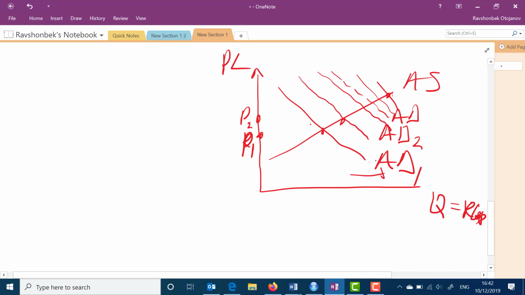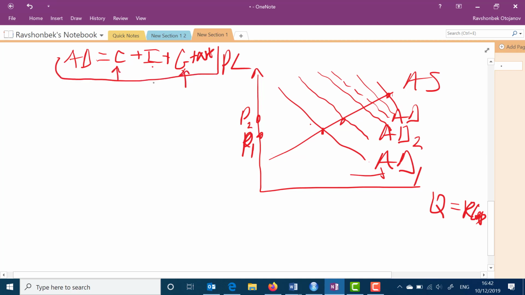So this knock-on effect creates more spending in the economy. Makes sense, guys? Remember aggregate demand, AD is equal to C plus I plus G plus NX, yeah? If initially G increases, then it leads to an increase in C, that increases I. So there's this knock-on effect, this chain reaction.